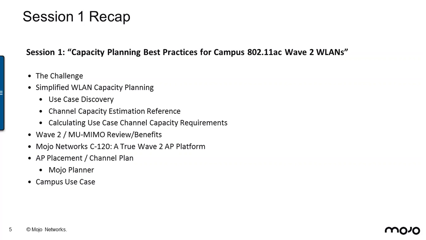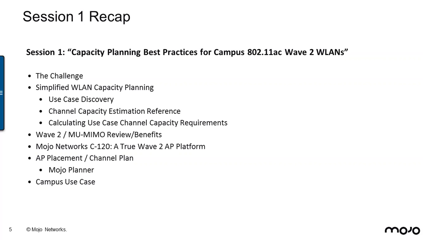So we talked about designing wireless LANs to meet use cases last session, and we presented a simple way of doing that, back of the napkin calculations. We introduced the Mojo C120, and we reviewed multi-user MIMO, the benefits, and so on. And then we talked a little bit about Mojo Planner and AP placement and channel planning.